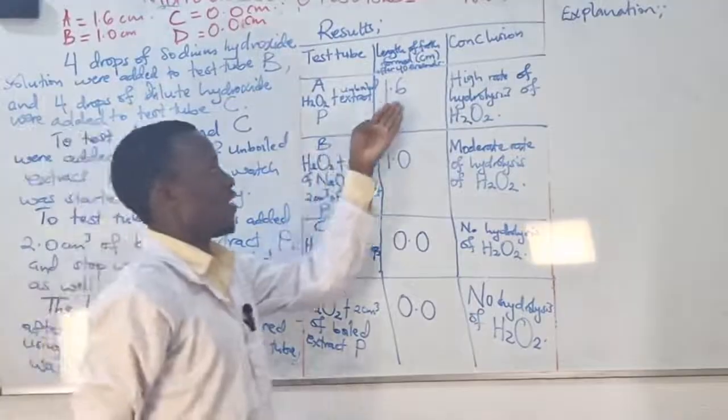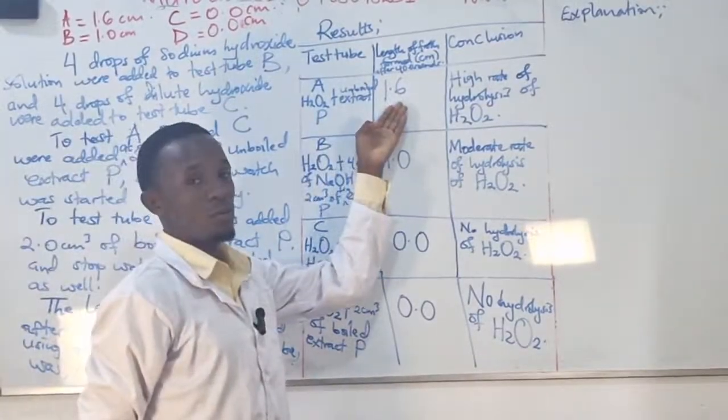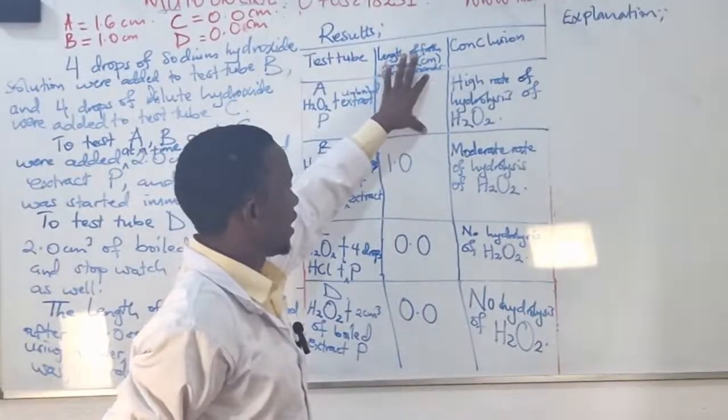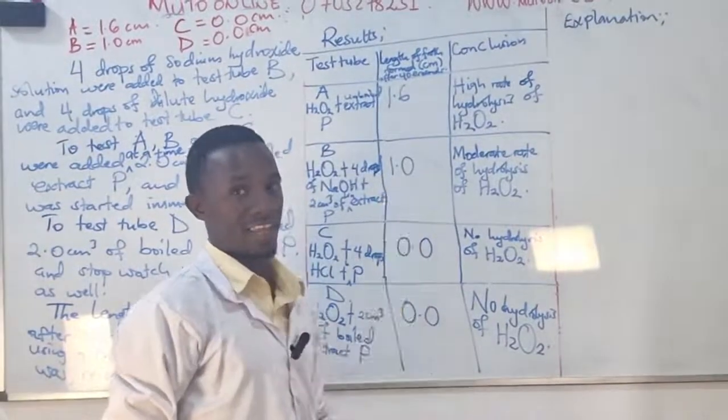Why do you think we have more bubbles formed here? Why do we have a very large length of a froth in A?